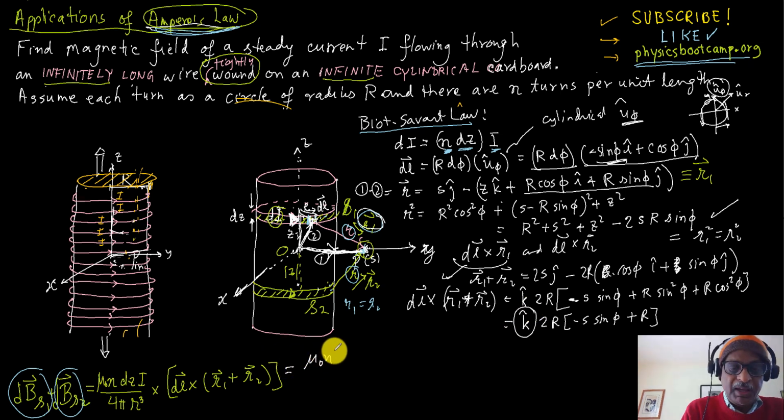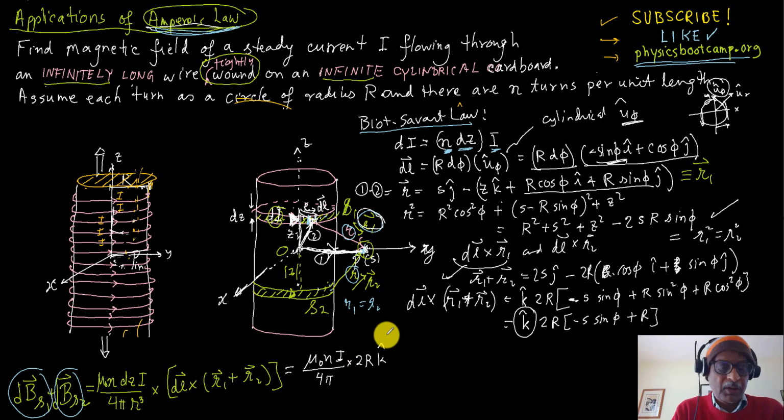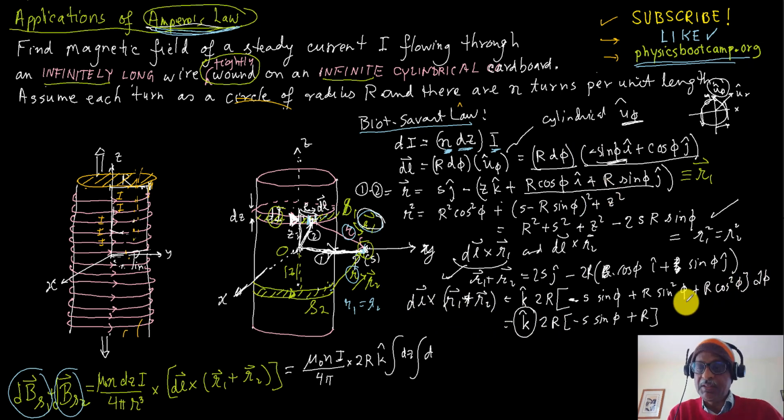And so if I put all of this in here, I get mu naught n I over 4 pi, and I have a 2 times r, I have a k hat, and then integrate over dz, integrate over d phi. There's a d phi missing here.